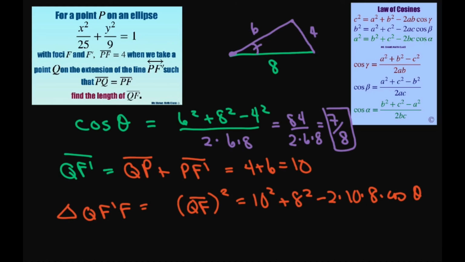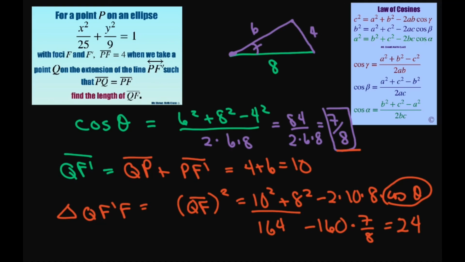All right, so this is going to give me 164 for this piece, minus 160 times cosine of theta, which we already got as 7 divided by 8. So that equals 24. Therefore, the length of QF equals the square root of 24, which equals 2 square root of 6. And that is your final answer.